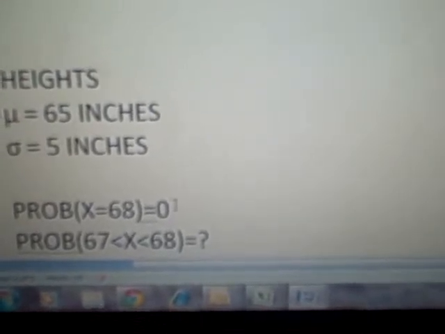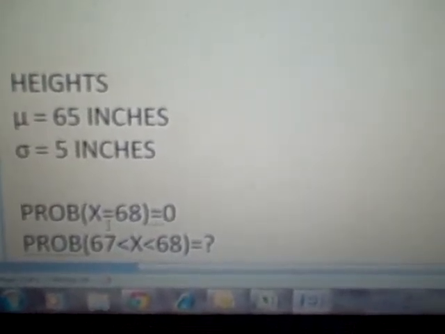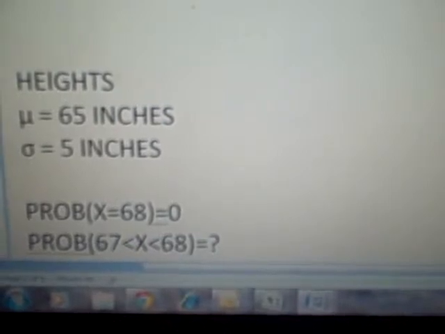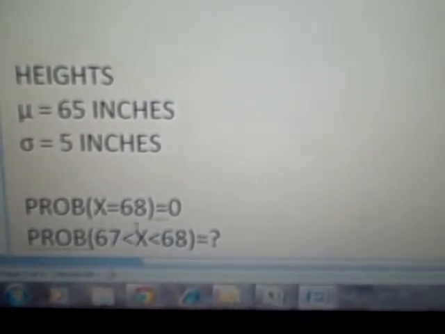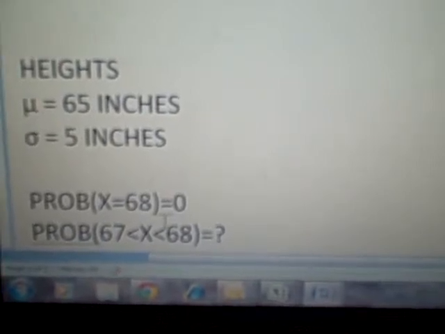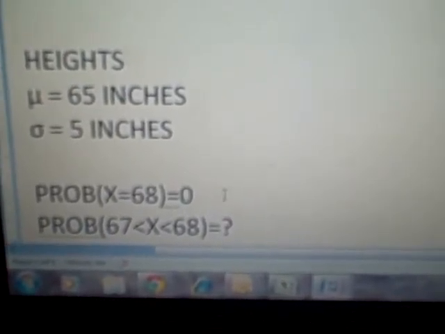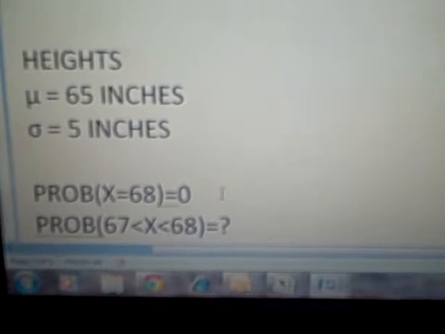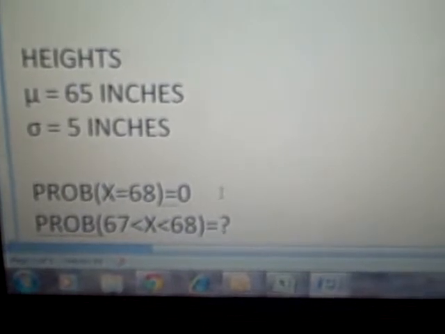But we could answer the question, what is the probability that someone has a height between, say, 67 and 68 inches? That's our question. What is the probability someone is between 5'7" and 5'8"?